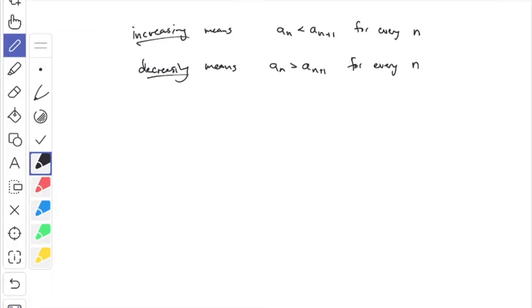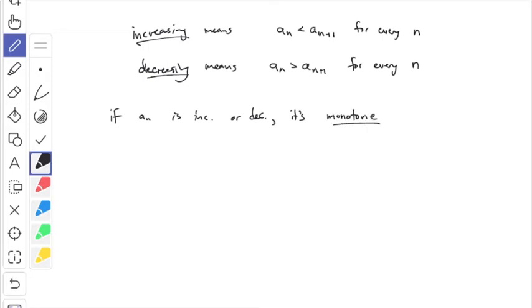Remember, there's a word for anything which is increasing or decreasing. So if a_n is increasing or decreasing, then it's called monotone or monotonic. These are like synonyms.